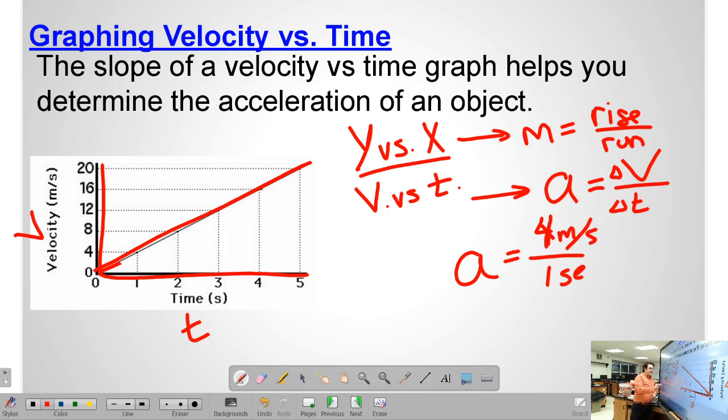That works totally fine. Since it's a straight line, the slope's always the same. So we chose 4 and 1. You go up 4 over 1. What's 4 divided by 1? 4 divided by 1, Brock. Whew, hard stuff. But what are the units for acceleration? Meters per second squared. That's because you got meters per second divided by seconds, which turns into meters per second squared.